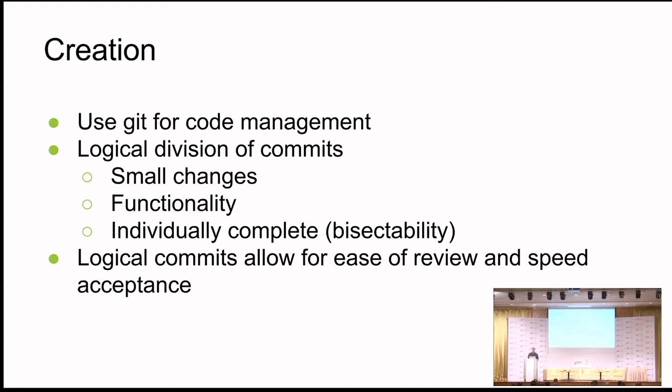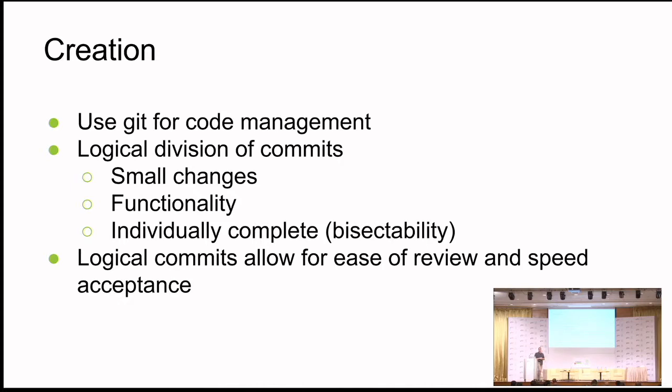So just use it. The key to sending patches upstream is, as you're developing your code and committing things and dividing things up, when you make commits in Git, you want a logical division of commits. You want to take small changes and group them by functionality, and each one should be individually complete. There's a term in Git, bisectability.